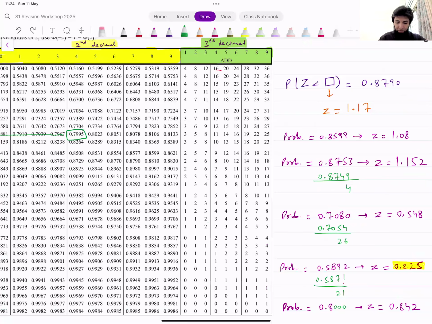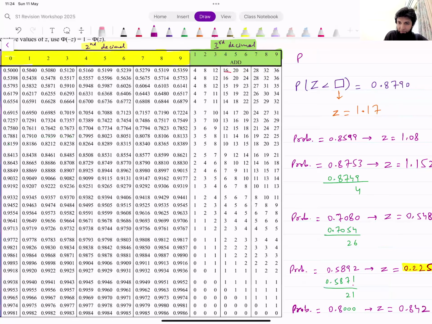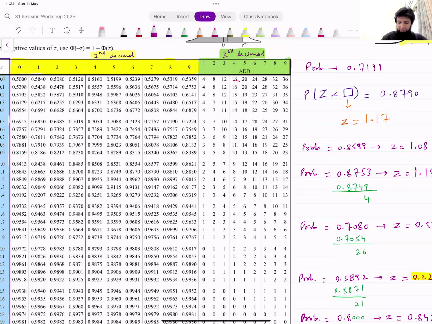Now, if you had 0.7191, let's consider that. If the probability value was 0.7191, let's search for that. Do we have that here? 7191. Okay, 7190. This is the closest value that's smaller than that.